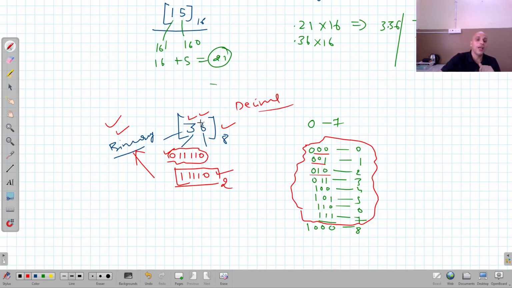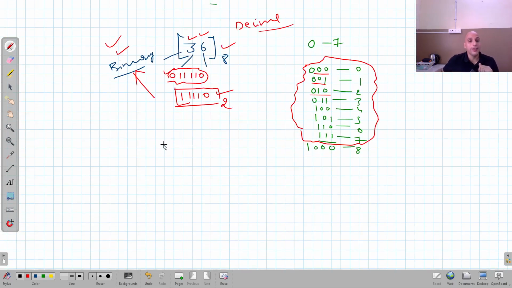Now, the same logic can be applied if I have been given a hexadecimal number. But first, I want to tell you, suppose you are given a number 1 0 1 0 0 1 1 1 1, this is the given number in base 2.